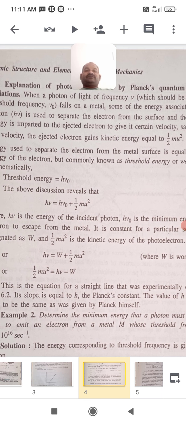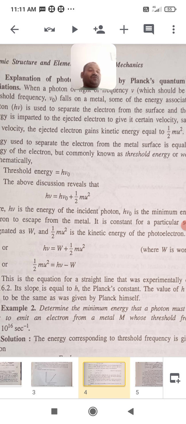Next one is the explanation of photoelectric effect by Planck's quantum theory. When a photon of light of frequency ν falls on a metal, some of the energy associated with the photon, hν, is used to separate the electron from the surface, and the remaining energy is imparted to the ejected electron to give it a certain velocity, say u.